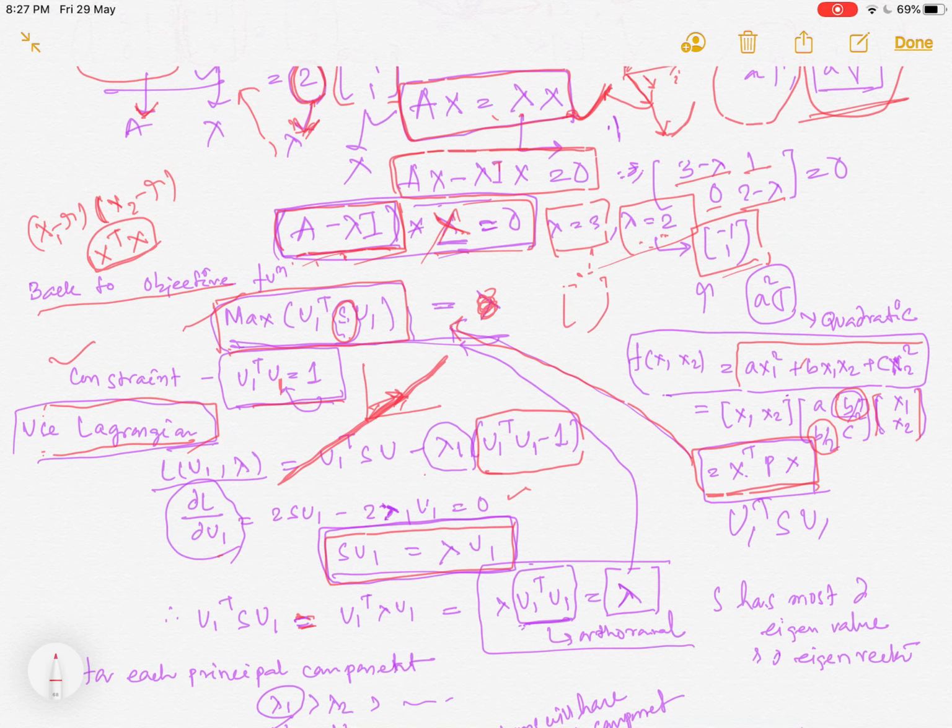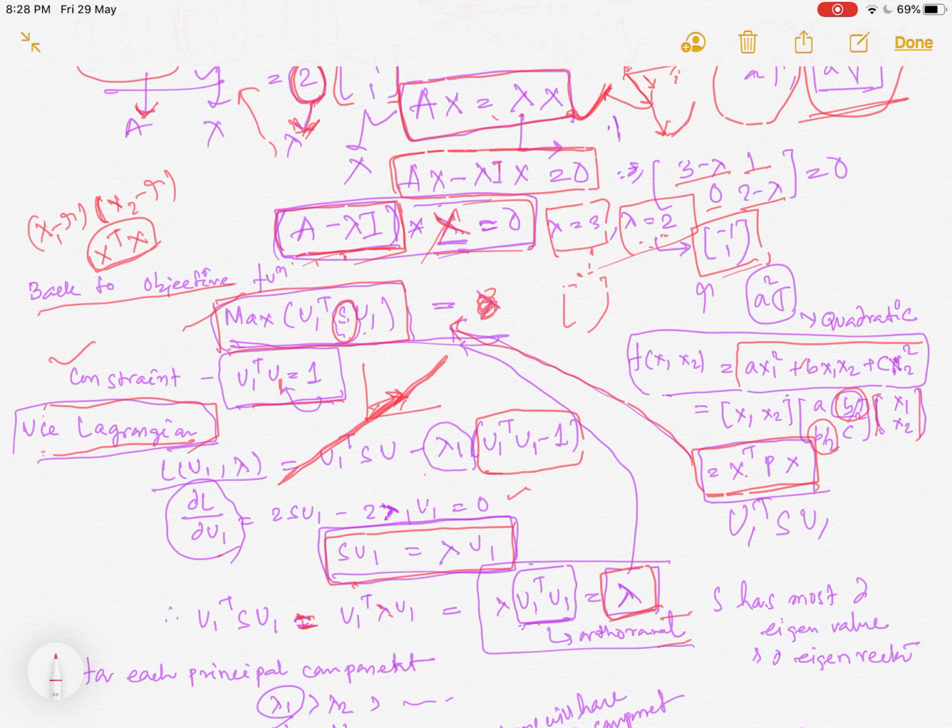So now substituting these values into the objective function u1 transpose S u1, we will get u1 transpose lambda u1, which rearranges to lambda u1 transpose u1. u1 transpose u1 is 1, since these are orthonormal vectors.